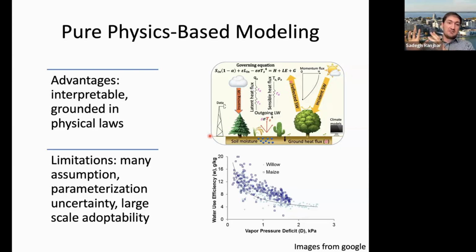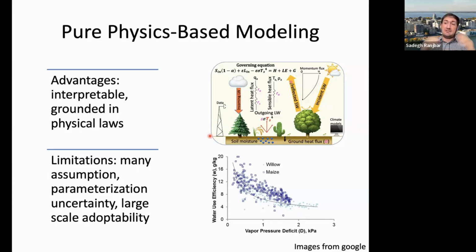But these models are very interpretable, and they are grounded on physics laws, but they have limitations too. They need many assumptions. For example, one model that I used previously was my soil moisture modeling during my master's, and before using this model, we have to assume that the soil is bare, or the soil moisture is within a specific bound.